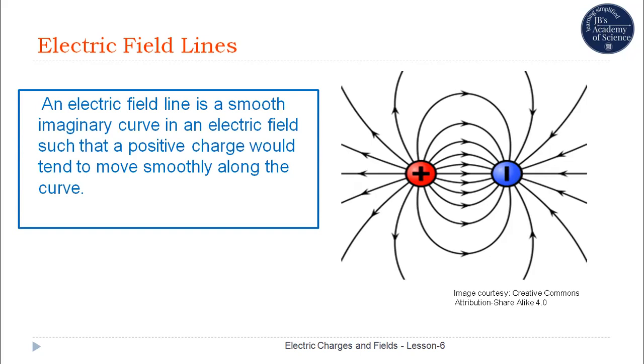An electric field line is a smooth imaginary curve in an electric field such that a positive charge would tend to move smoothly along the curve. So if you place a positive charge on the electric line of force in an electric field, it would tend to move along the curve smoothly. That is the definition of the electric field line.